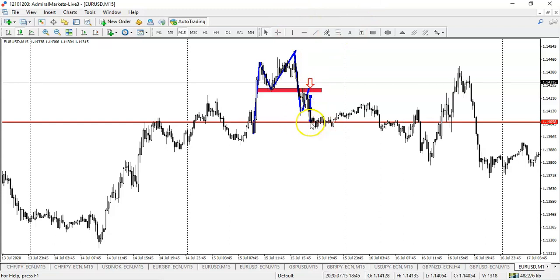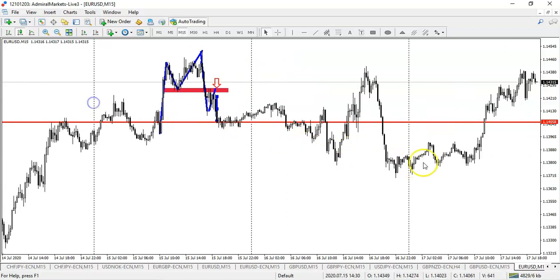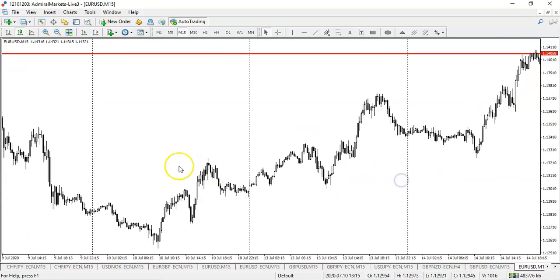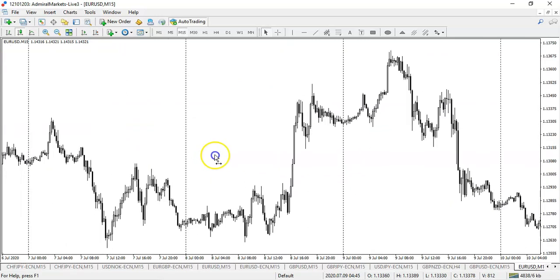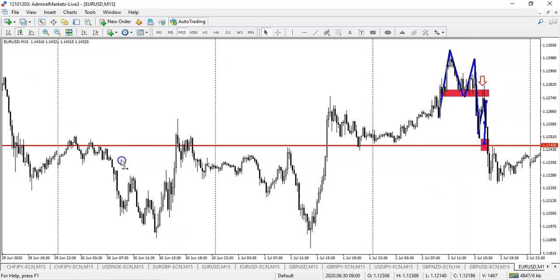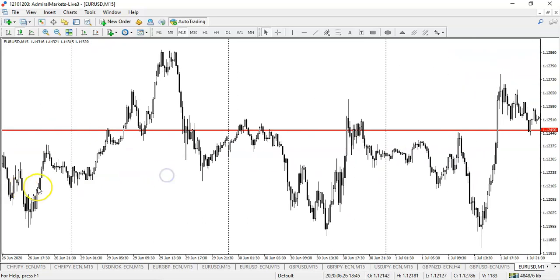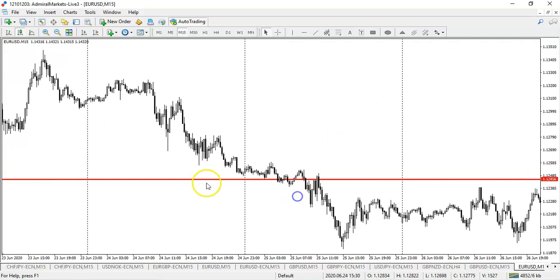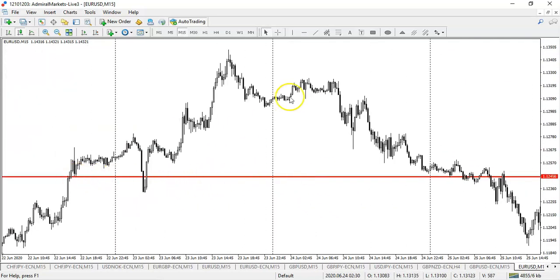You are supposed to take profits at this level, right? So guys, that is the M and then W. That is how you can trade the M and W. If you have any question, okay, I think we have another one.